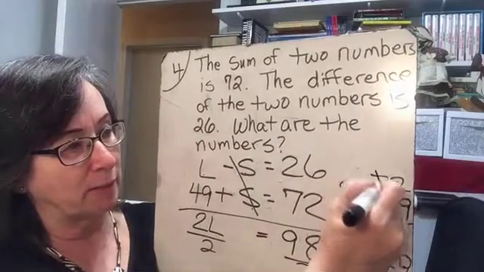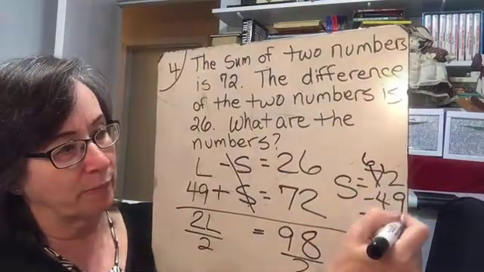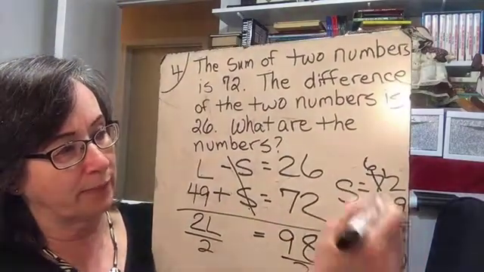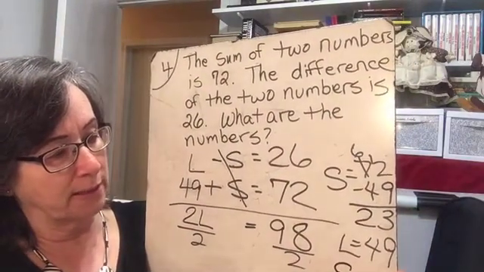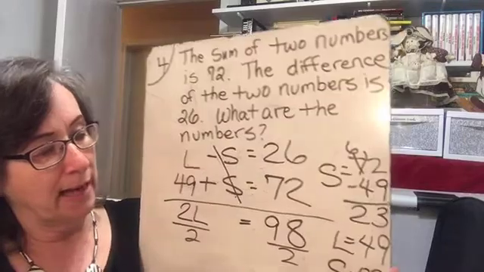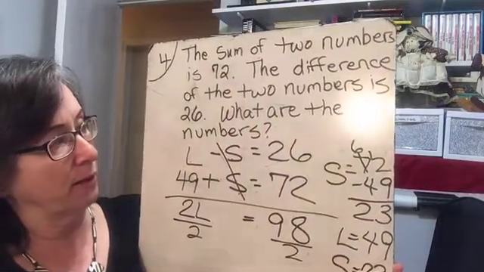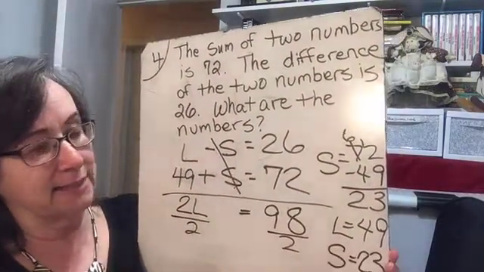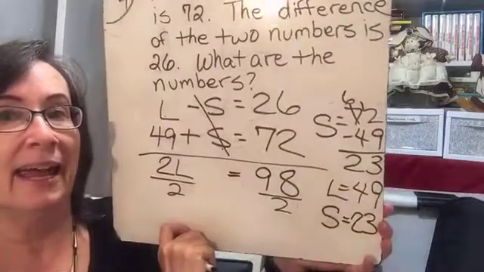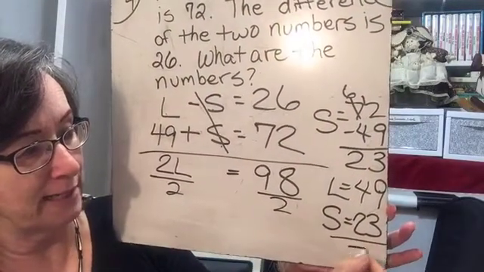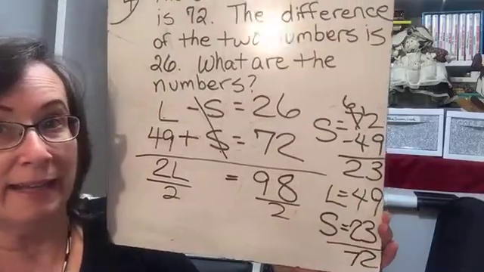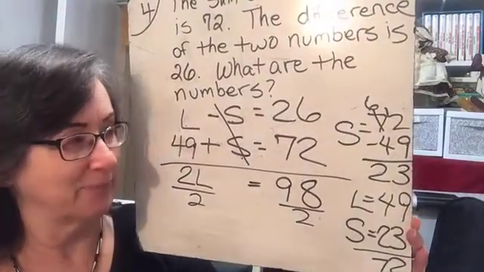That's going to wind up giving me 3 and 2. So the smaller number is 23. And when I add the two numbers together, don't I get 72? And I do. So when I add them together, I get 72, and it is correct.